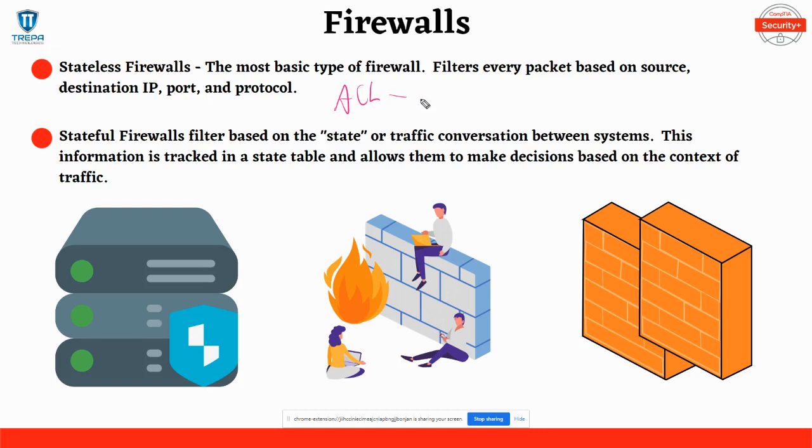And these ACLs will have what we call ACEs, access control entries, that will permit or deny based on IP, port, or protocol. A stateful firewall will filter based on the state or conversation of traffic between systems. So in a stateful firewall, you may configure it so that only from the inside to outside will allow TCP connections.